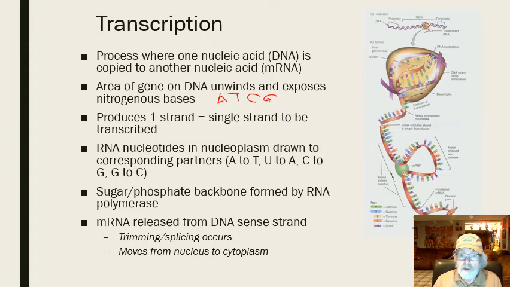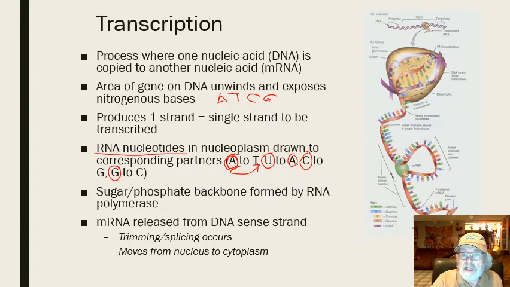That transcription occurs when the RNA nucleotides, which are now adenine, uracil, cytosine, and guanine, form. Now, if there's thymine on the DNA, adenine is going to bind to it.